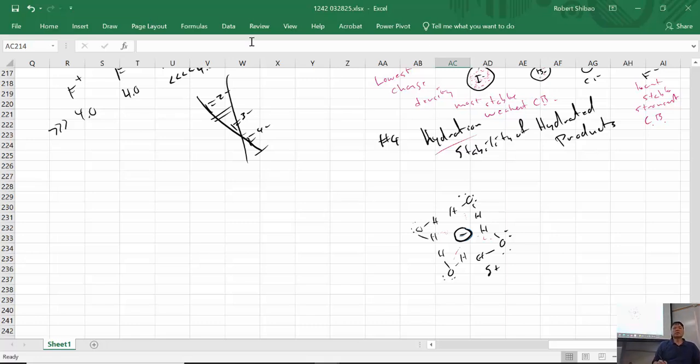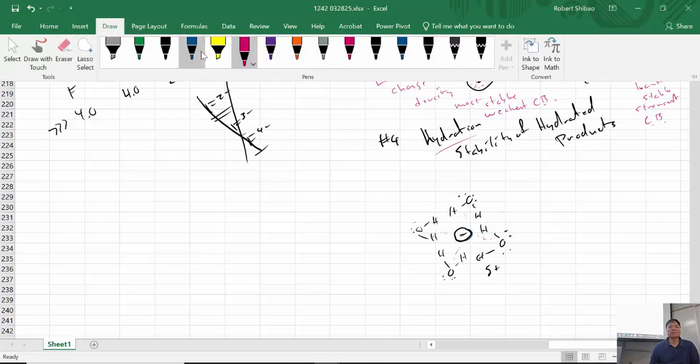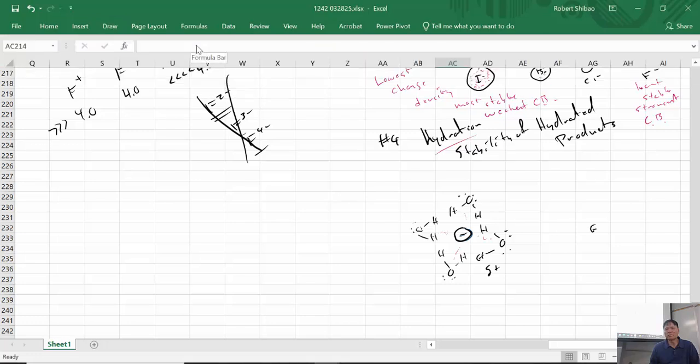So which one is going to have stronger ion dipole attractions? In other words, which one is going to form more stable hydrated ions? Which of these is going to have stronger ion dipole attractions?